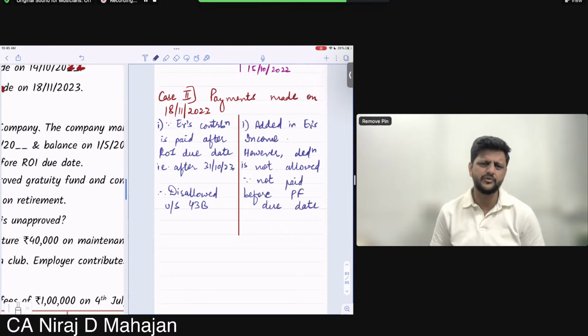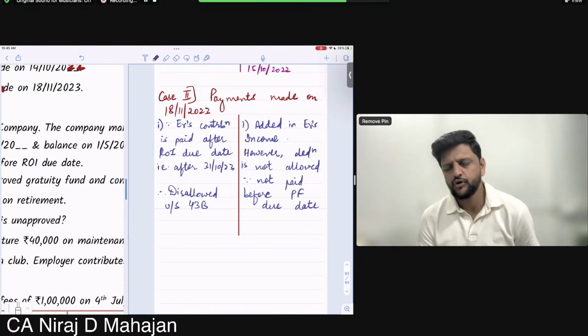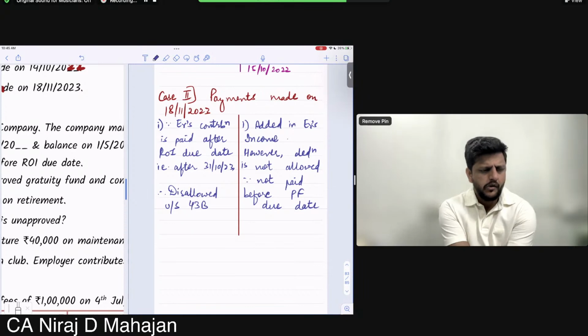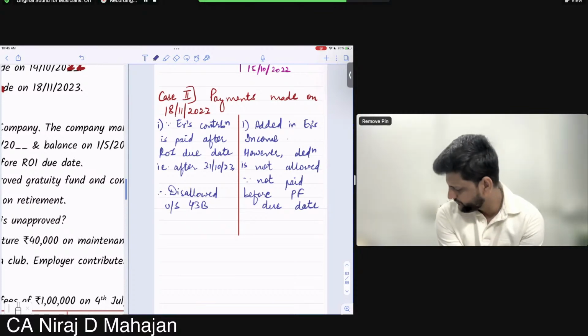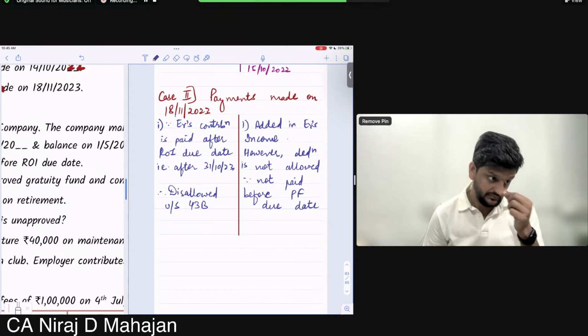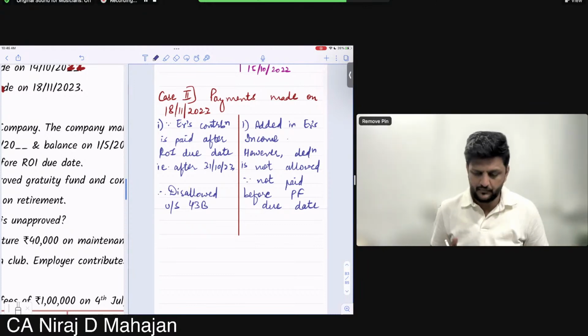PF due date. Very important. So for the employer, you will check 43B, ROI due date. For the employee's contribution, you will check the Provident Fund due date or the relevant Act's due date. Correct, all of you?